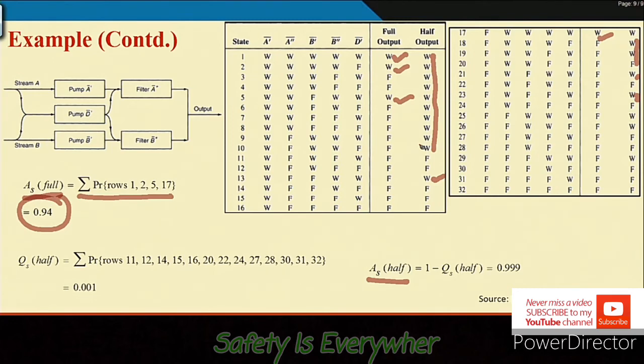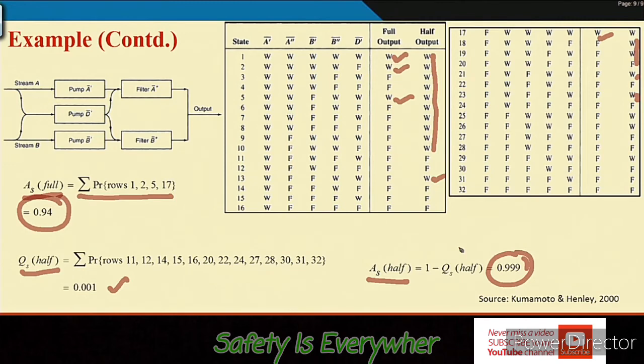Otherwise, as there are fewer F, meaning failed cases, first find out the QS failure for half production, and then AS half will be 1 minus that failure, so it is 0.999.